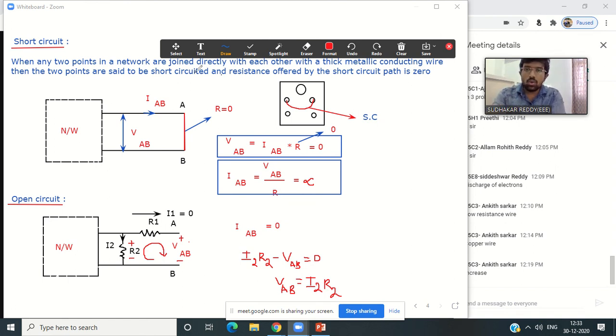All of you note down the definition for the open circuit.